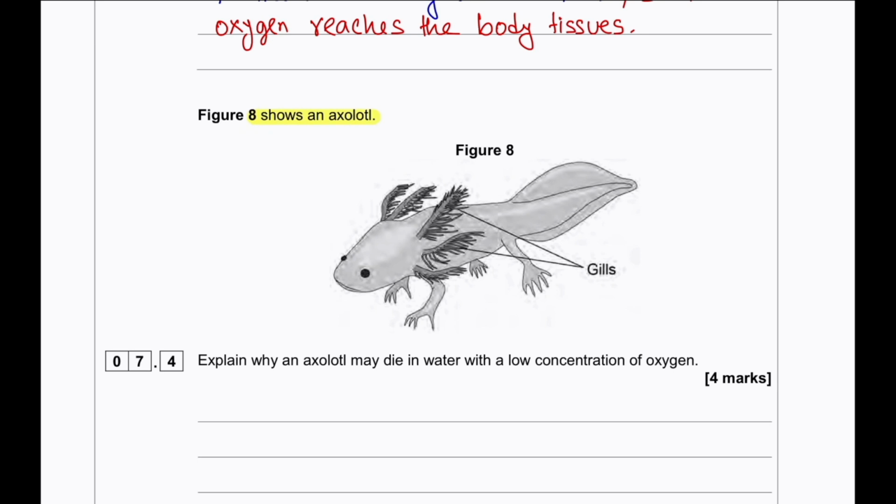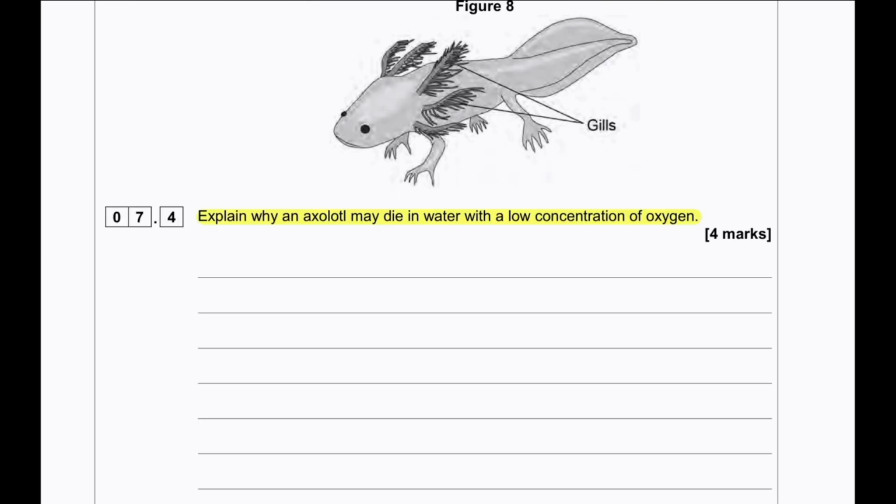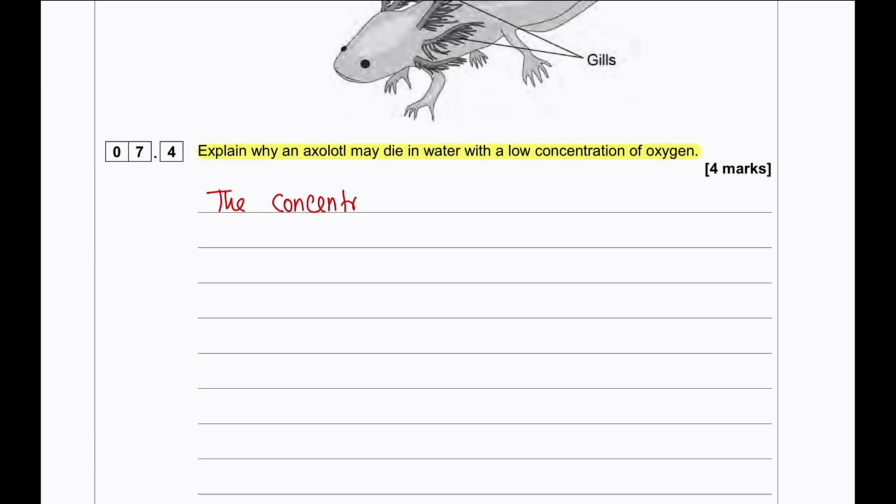Figure 8 shows an axolotl. Explain why an axolotl may die in water with a low concentration of oxygen. Our key point here is that the water the axolotl is living in has a low concentration of oxygen. So the concentration gradient of the oxygen is less steep.